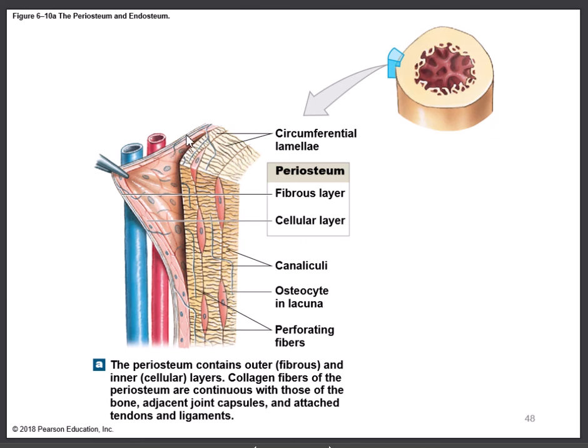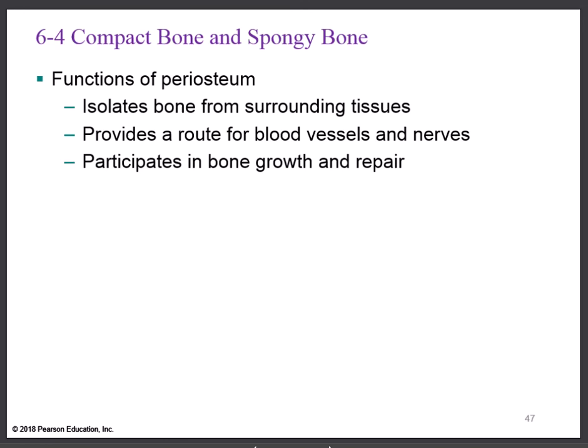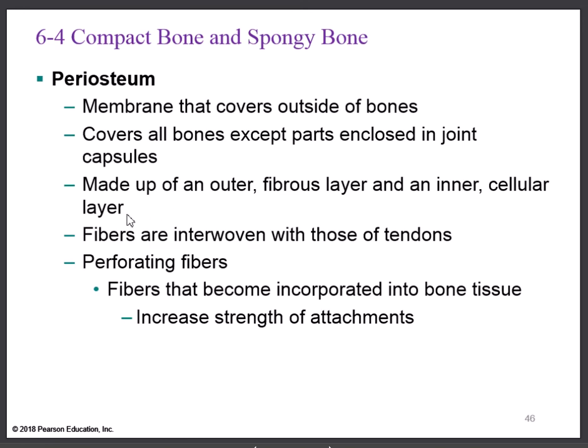This grayish tissue out over here is the fibrous layer. If you follow my cursor, you can follow it all the way down. And then the inner lining right here, you can see they actually put some cells there. This is the cellular layer. This is where those osteogenic cells are. Osteoblast cells are out over there, things we had talked about in the previous lesson. So those are the two layers.